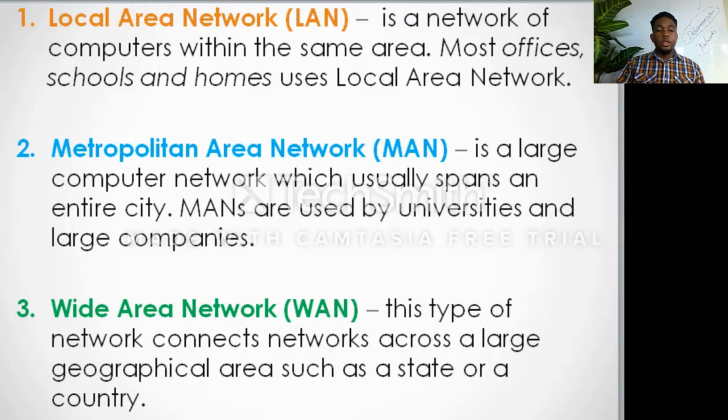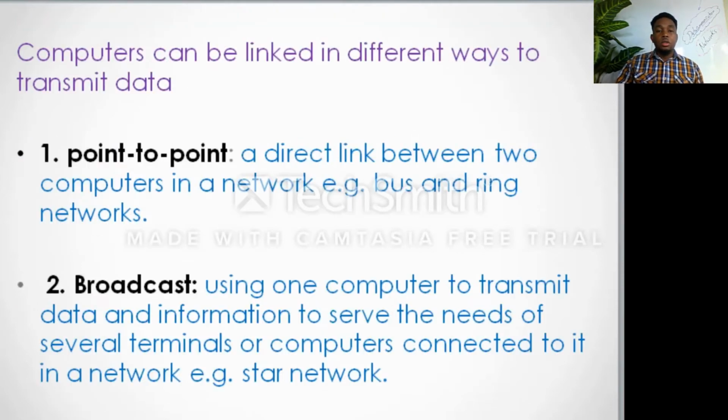So let us look at how we get the information going. Computers can be linked in different ways to transmit data. They could link first in a point-to-point connection, which is a direct link between two computers in a network. Example, a bus and a ring network.